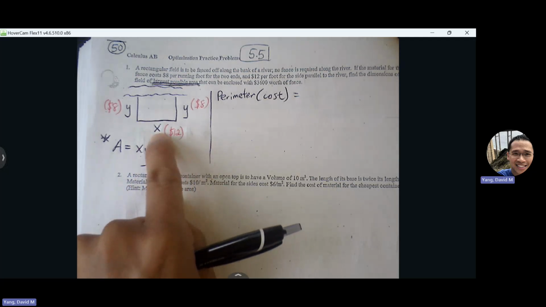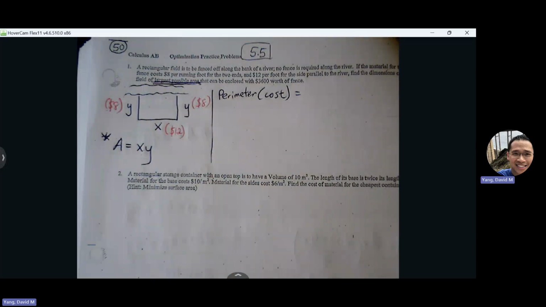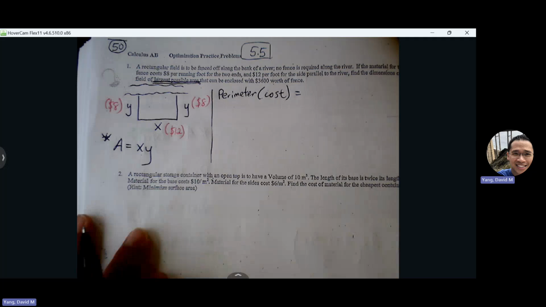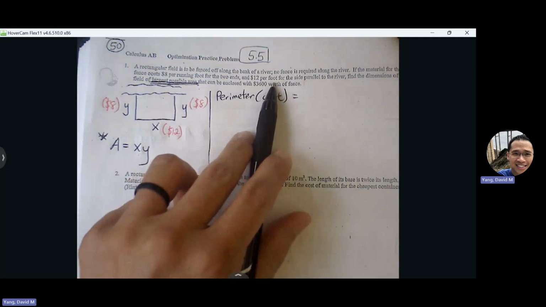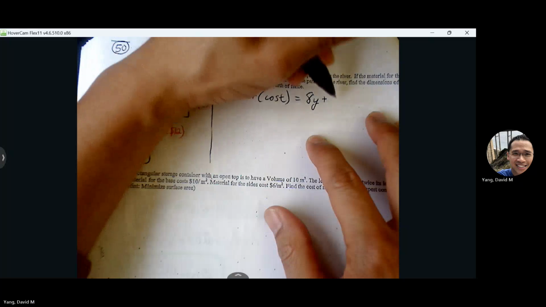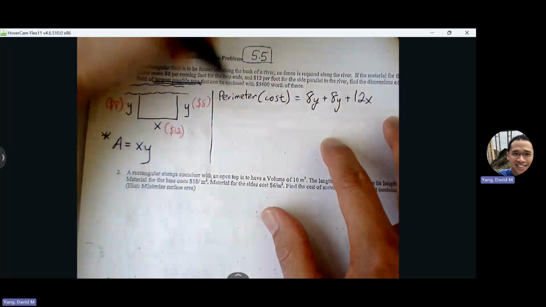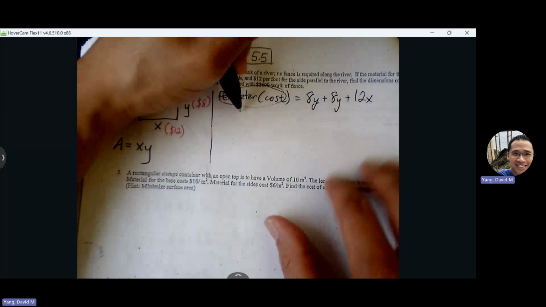So 12x plus 8y plus 8y. And that will give us, depending on the dimensions, we can factor in the cost because this is going to be cost per foot. So 8y plus 8y plus 12x. Okay, I'm going to update this and just call this the cost equation.